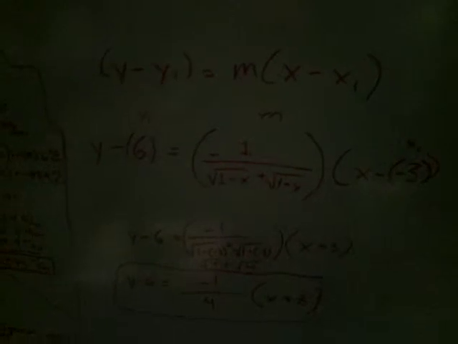So what you come up with is y minus 6 equals your m, where you later plug in your x values, times x minus negative 3, which is x plus 3. So now that that's simplified, you come up with this equation.